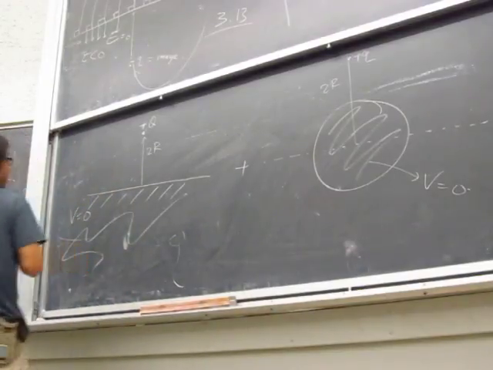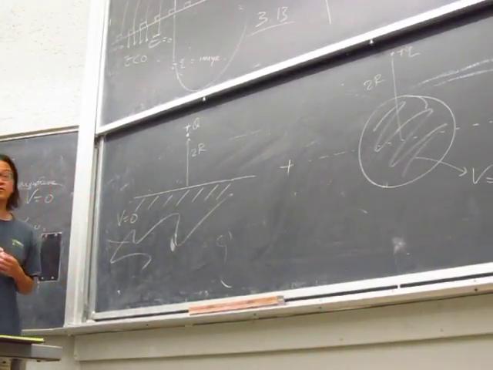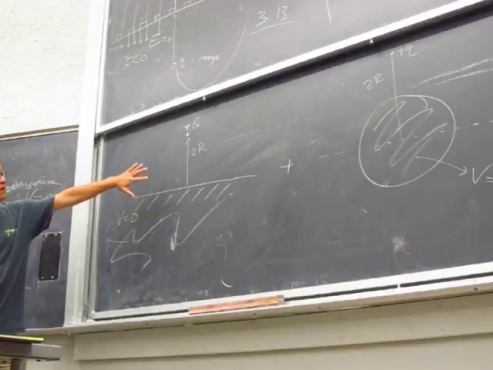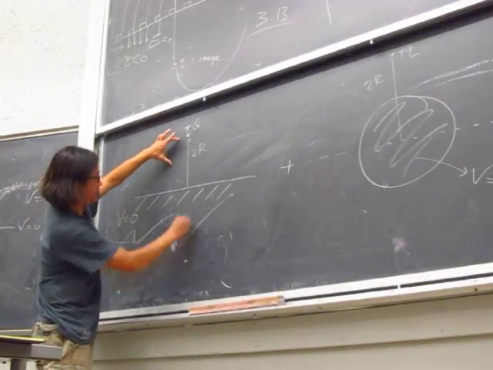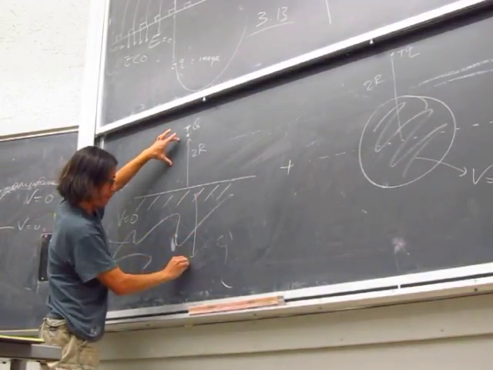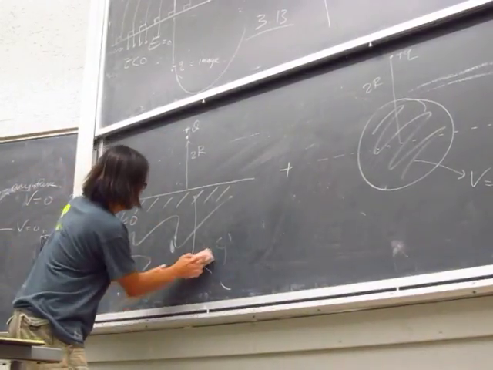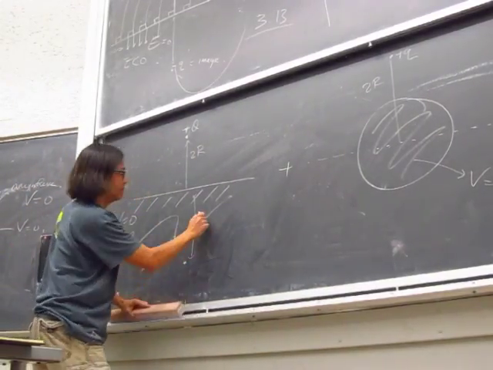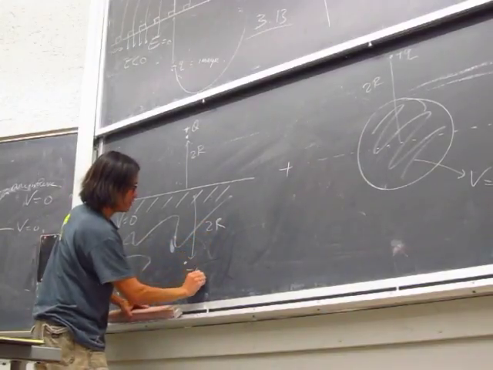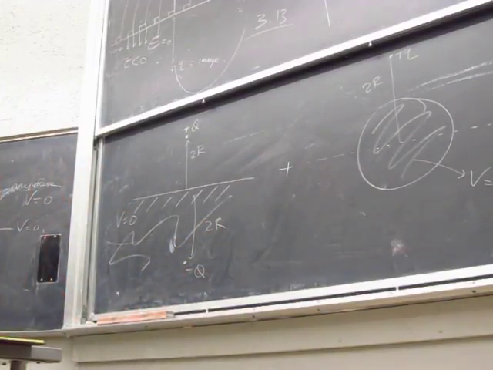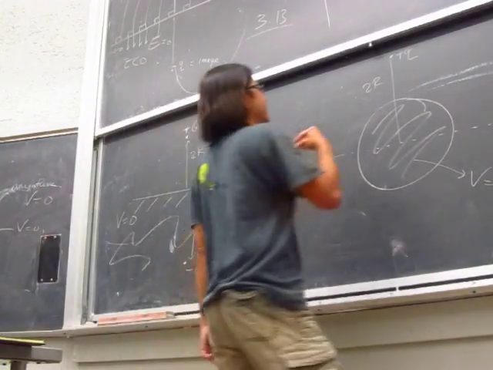So where are the image charges? For this one, the image charge is exactly at 2r, minus q. How about this one here?